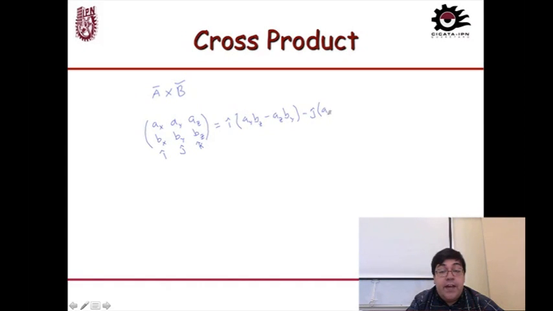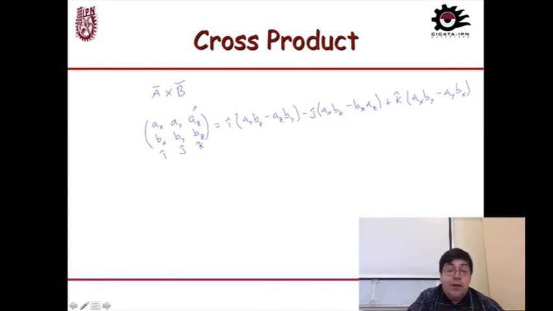And that's going to be equal to the product of ax times bz minus bx times az, and my k component, or my z component, which is multiplying the vector k, is just going to be ax by minus ay bx.